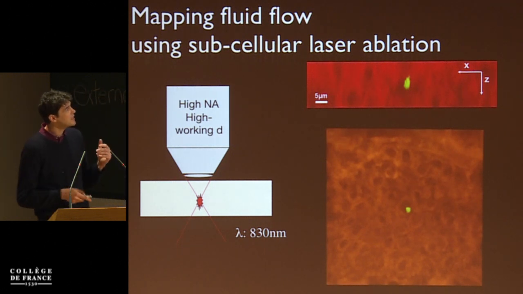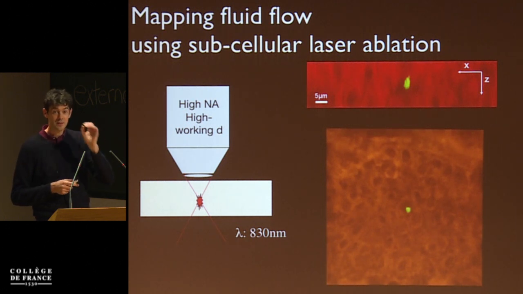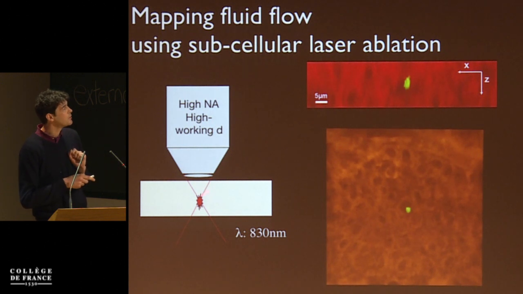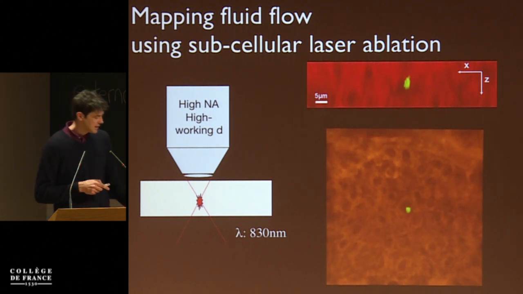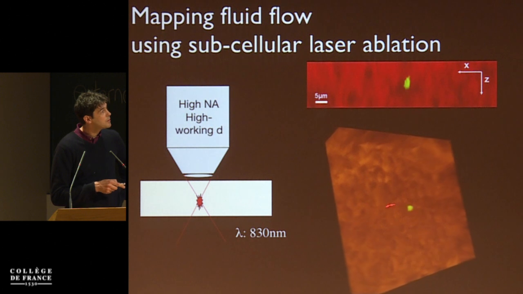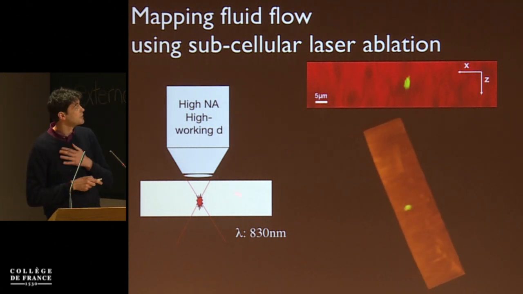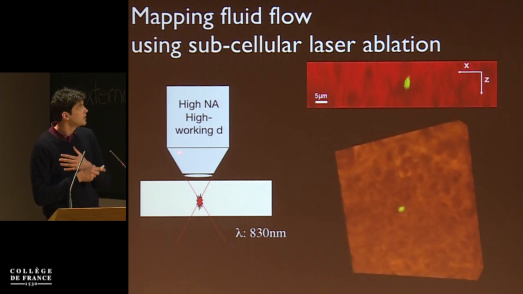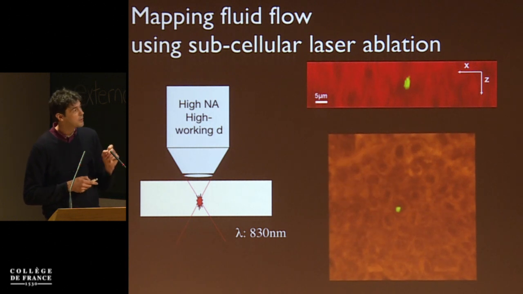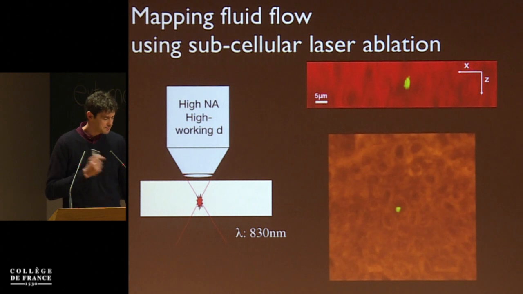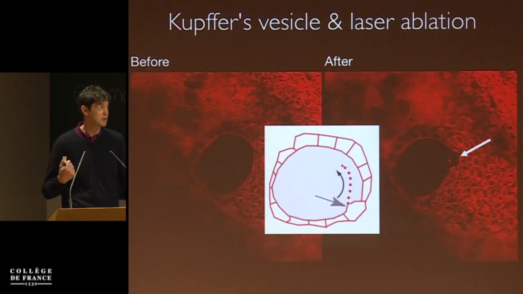So we set up an approach based on femtosecond laser ablation, which allows you to create a lesion in a very narrow volume. You can see here an example of the type of lesion you can get. It's due to the fact that when you generate two photons at high power, you have a diffraction-limited area in which you create a lesion.